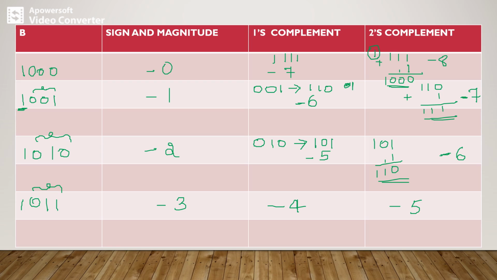Similarly, the next number, that is 1, 1, 0, 0, magnitude is 4 and sign is minus. So in the 1's complement method you will get the value as minus 3, and in the 2's complement method you will get the value as minus 4. And so on.